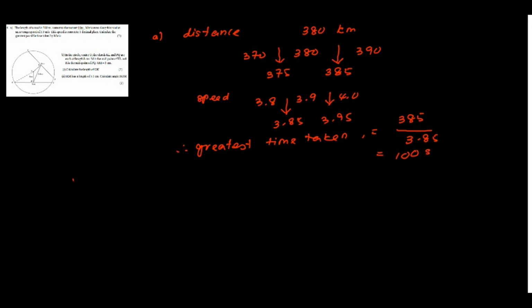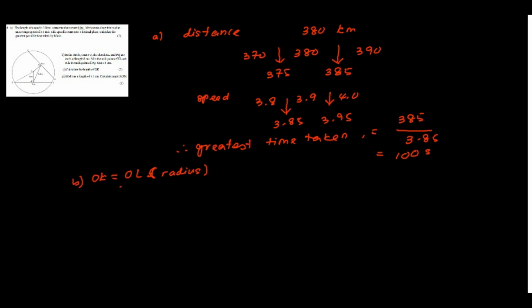Okay, next one for B. If you look at the diagram, the triangle OKL is isosceles. OK equals OL because it's the radius of the circle.